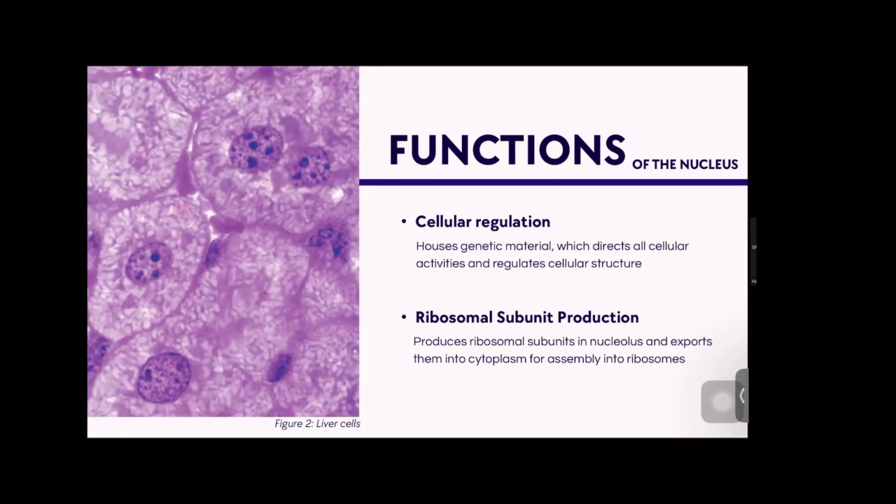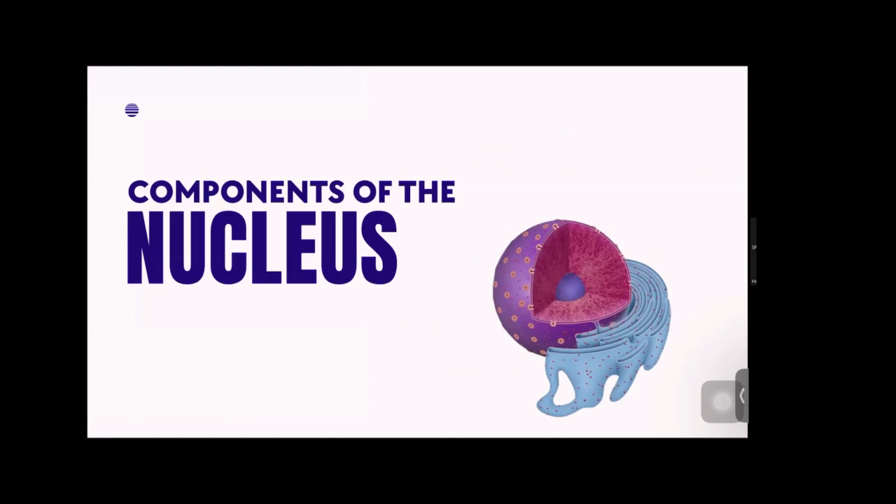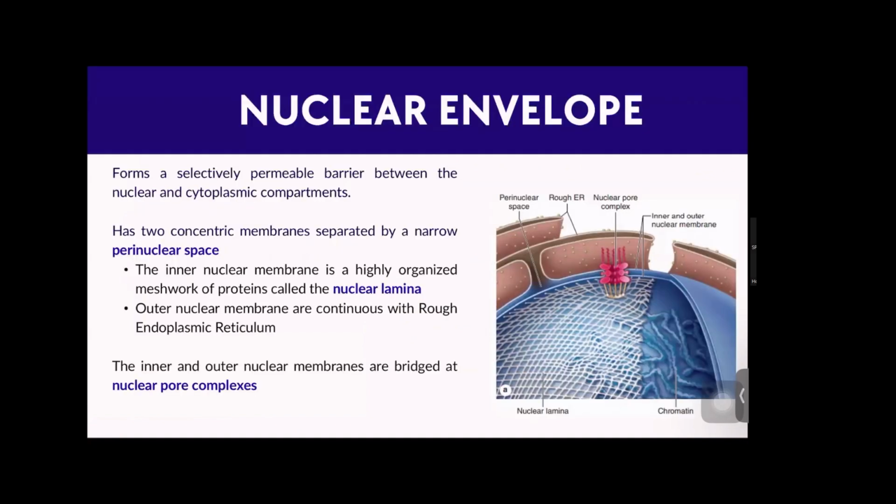Now that we are done discussing the functions of our nucleus, let's go to its components. First, we have our nuclear envelope. Our nuclear envelope, class, forms a selectively permeable barrier between the nuclear and cytoplasmic compartments. Our nucleus is surrounded by two separate membranes, the outer nuclear membrane and the inner nuclear membrane.